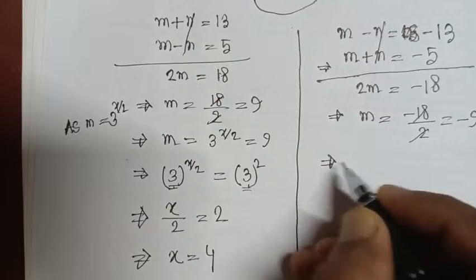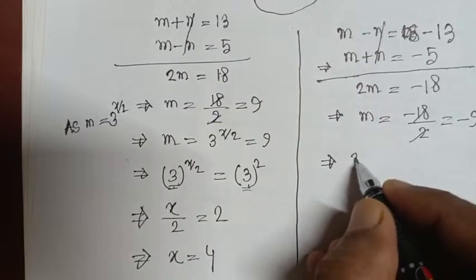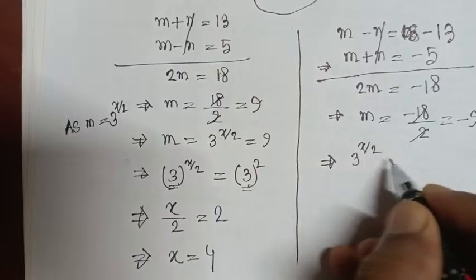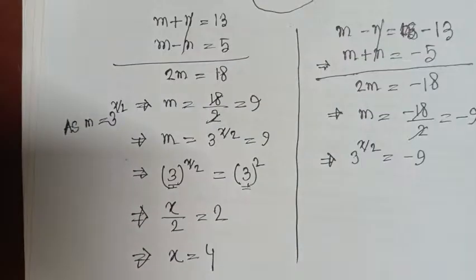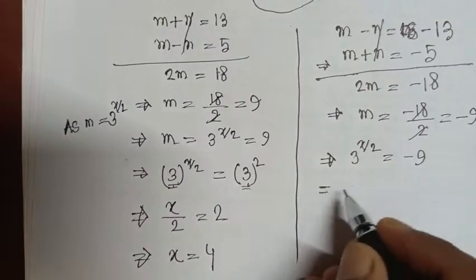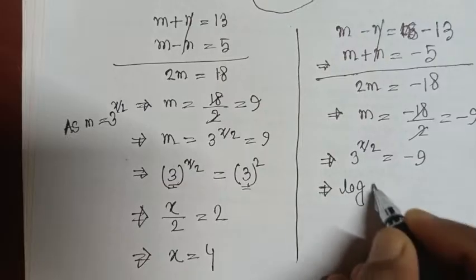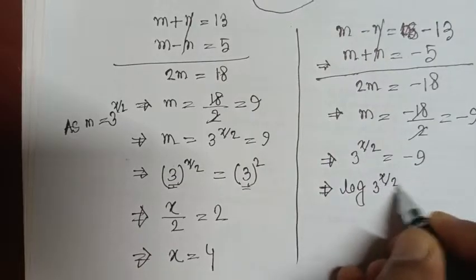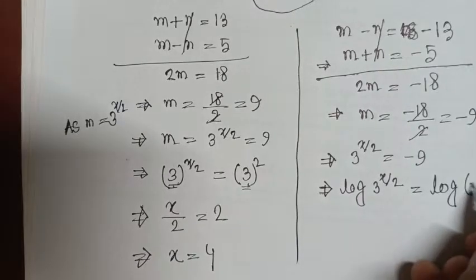Therefore we are going to put the same, m equals 3 to the power x by 2 here equals minus 9. Now we are taking log both sides, that is log 3 to the power x by 2 equals log of minus 9.